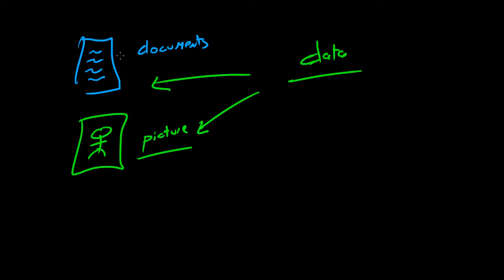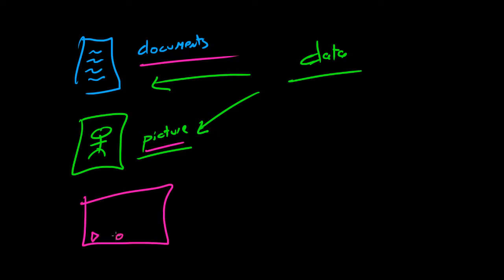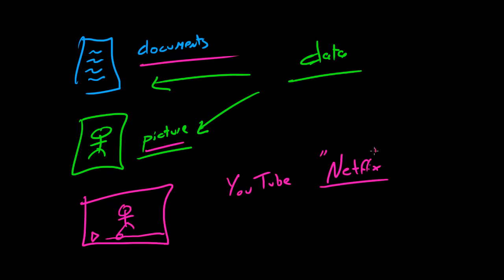So basically, by data, this is what's transferred in a computer network. We have documents, we have pictures, what else do we have? Videos. So we'll put a little YouTube player right here. And what kind of videos? Well, they're on YouTube or Netflix. By the way, I'm going to throw a bunch of fun facts at you guys in these tutorials.